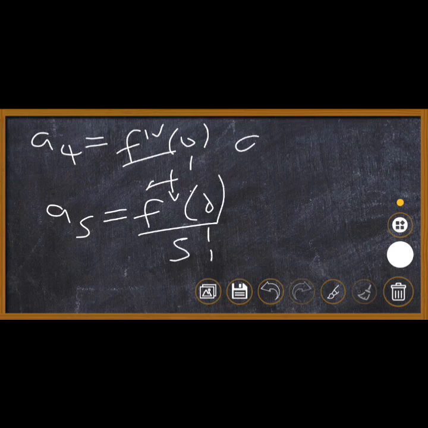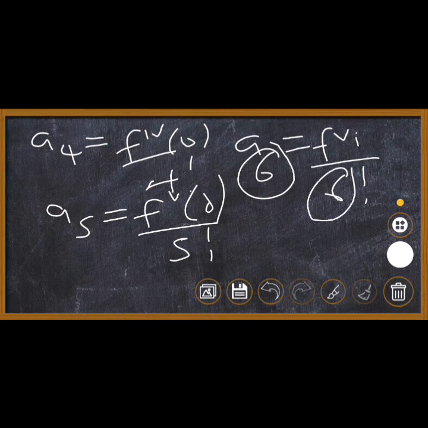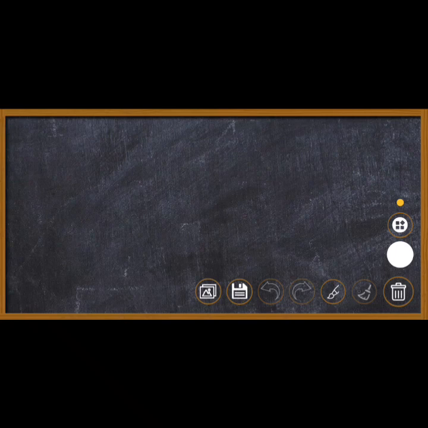Even if we found the sixth, of course it's going to be over 6 factorial. So the pattern is that the value you have here is the factorial of the value you are going to have here. As you might have noticed, even here, the value that you have here is the pattern that's going to be formed here.